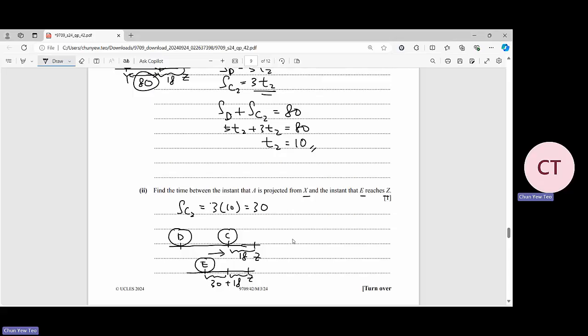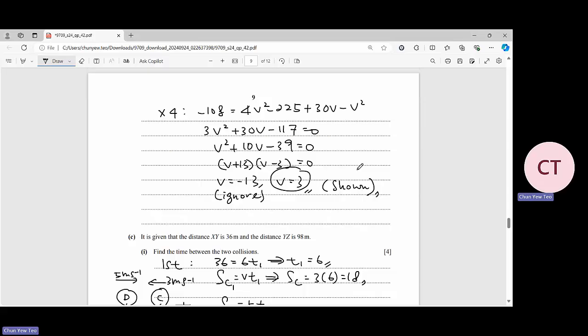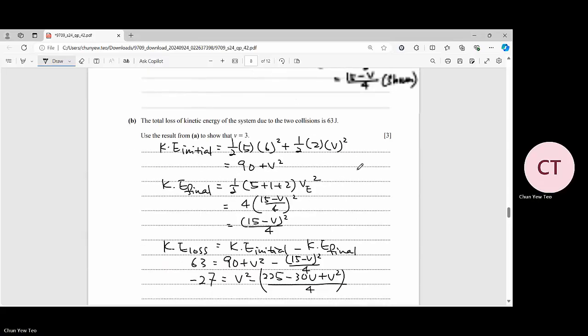Okay. So now the distance SE is equal to the 30 plus 18 because you have 48 meter to reach to the C. Okay. Then our VE is how much? VE is the speed over here.